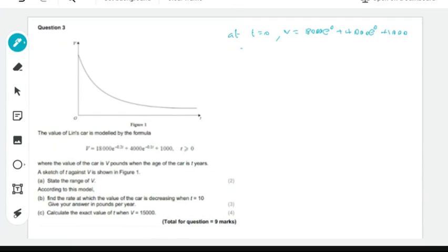E to the power of 0 is just 1, right? Yeah. So then that equals 18,000 times 1 plus 4,000 times 1 plus 1,000, which equals 23,000.